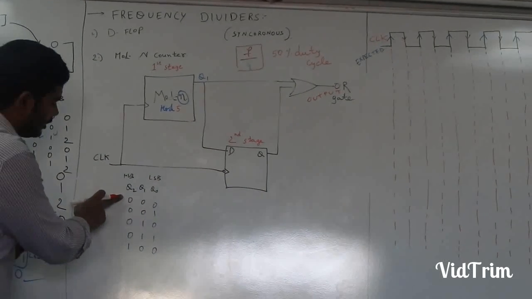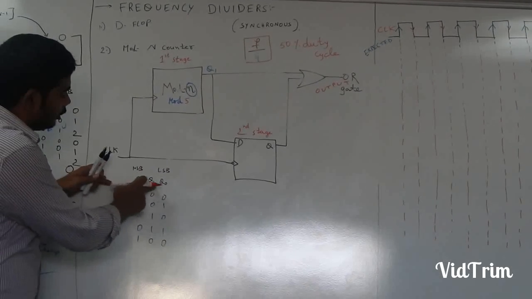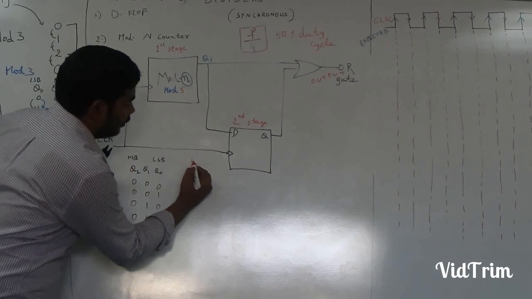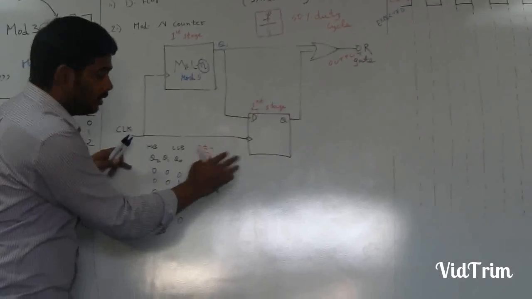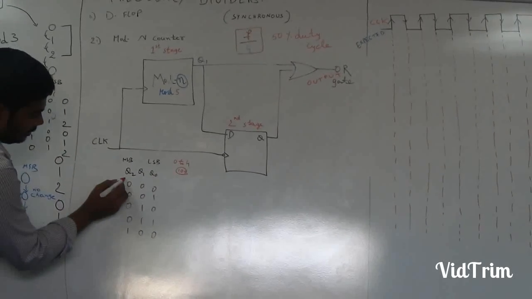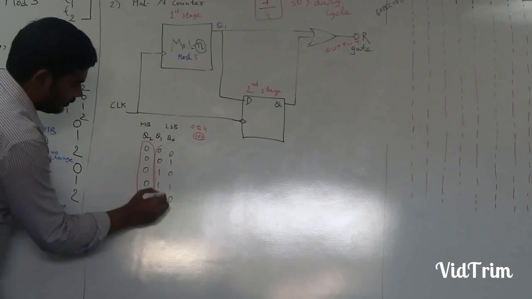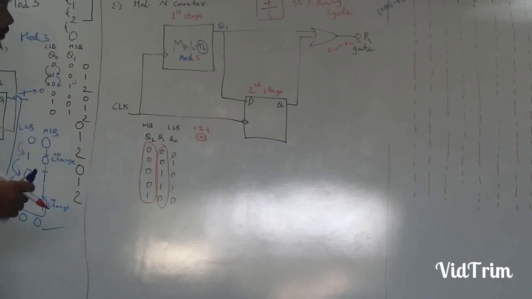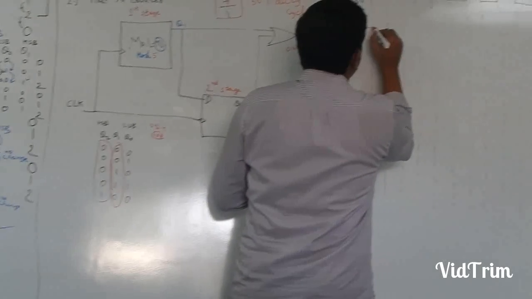If we go for the truth table of it, the output states Q2, Q1, Q0 have a maximum of 4, so 100 would be enough for it. So 3 flops are required, MSB to LSB. If you clearly observe this and this, now let us draw the expected waveform. It's like this.